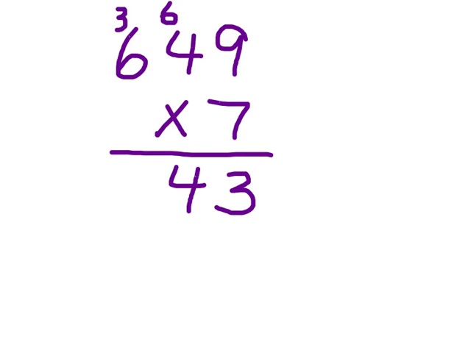So 4 here, 3 at the top. And finally, I got 7 times 6, which is 42, plus the 3 makes 45. So I put in my 45. So 649 times 7 is equal to 4,543.